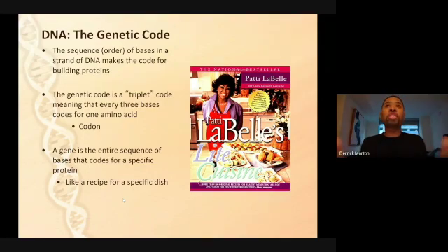And so you can think about DNA in the same way. Your DNA houses all of the information that is needed to make anything that you need in your cell to stay healthy. However, each specific instruction in Patti LaBelle's Christmas book will make a specific dish. And so we have specific genes that will make specific proteins. And so you can think about our DNA as the cookbook.